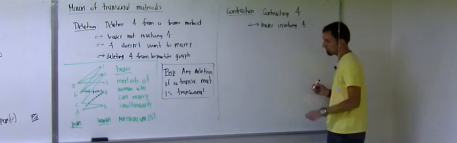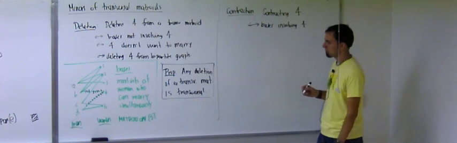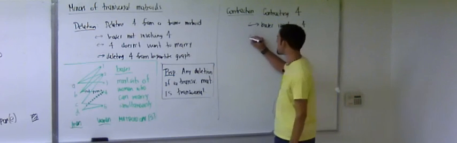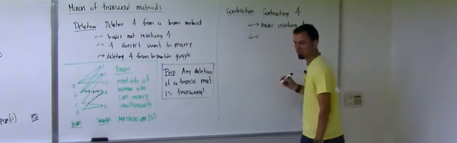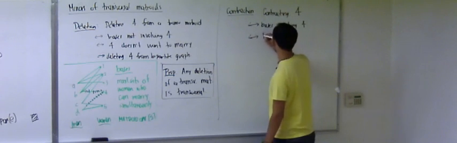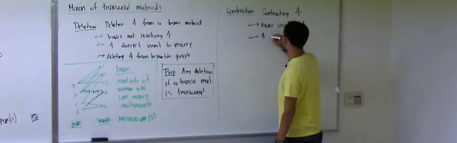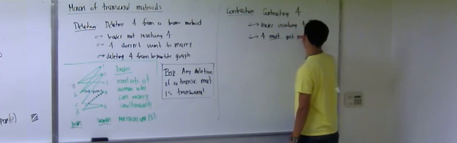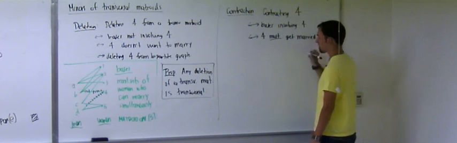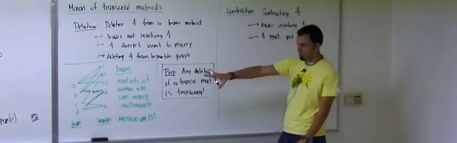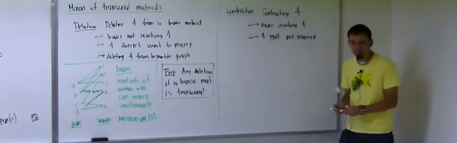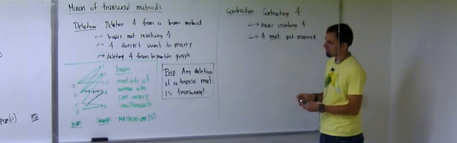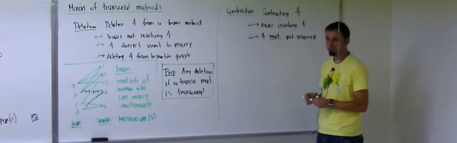In other words, what I'm saying is that 4 really demands that she's going to get married today. 4 must get married. And so now I want to model this situation in my graph. How can I make a graph that tells me that 4 has to get married?